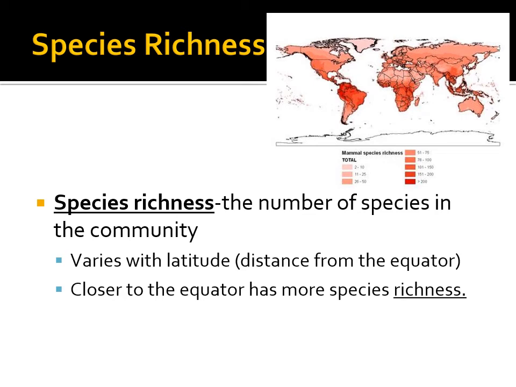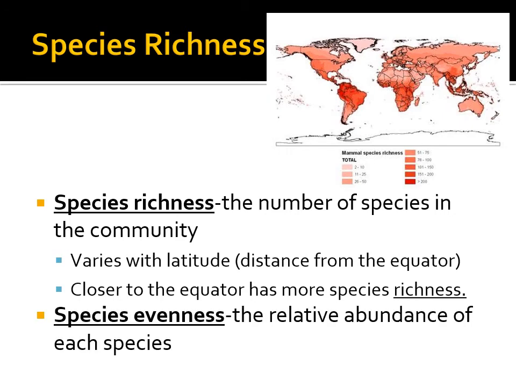As you get further away from the equator, however, the number of different species will usually drop off. So where we're located here in North America, we still have a decent number of different species, but not anything close to what you would find in the tropical areas. They have a much higher species richness than we do. So that's a pattern that we see with species richness on Earth.